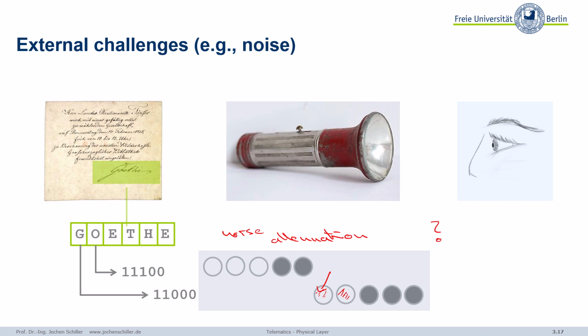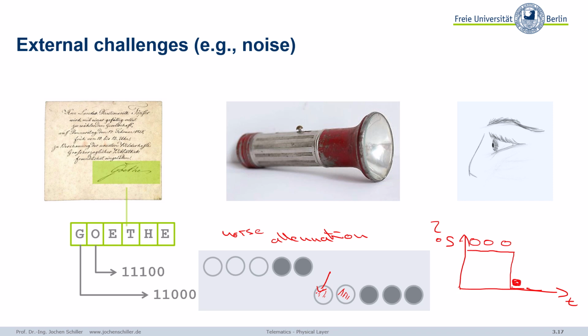Because if you think that you transmit over time, let's say the signal strength, that's how bright the light is, then maybe you start with bright light, bright light, bright light. These are our 3 times this. And then you continue with 2 times darkness.